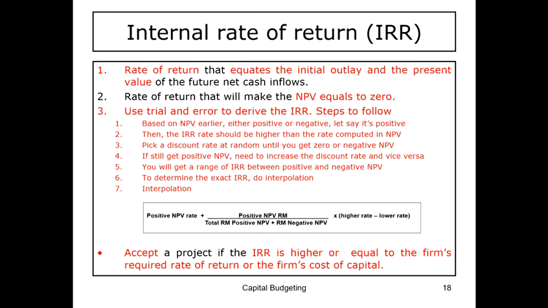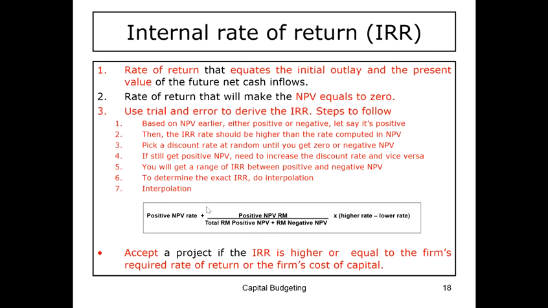So to determine the IRR, we will use this formula: positive NPV rate plus positive NPV divided by positive NPV plus negative NPV. Once we follow this formula, we accept the project if the IRR is higher than or equal to the firm's required rate of return or the firm's cost of capital.